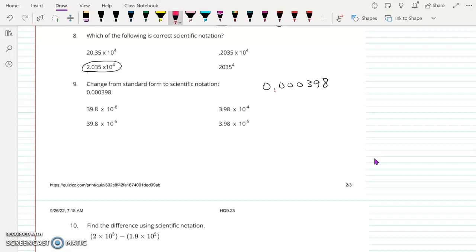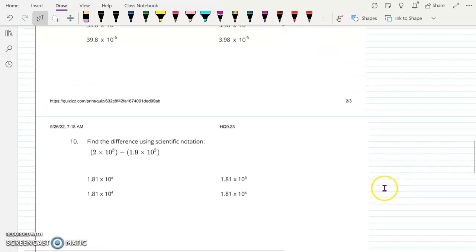We would move that decimal 1, 2, 3, 4 places to the right. That would give us 3.98 times 10. I moved it to the right 4 places. That would be a negative 4 because this is a little bitty number, which takes a negative power of 10.